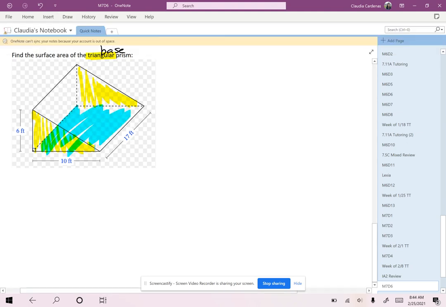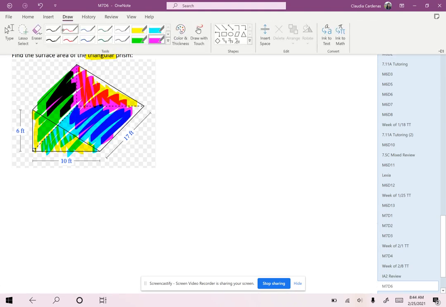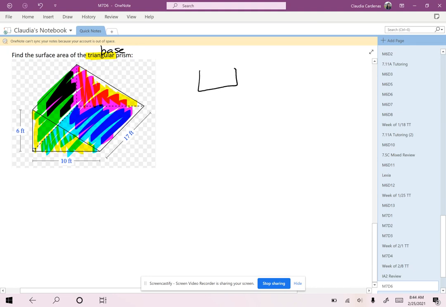So 1, 2, and 3. So picture if we were rotating this in our head, we would see three rectangles side by side if we broke it apart into cardboard pieces. 1, 2, 3. And I would have two triangle bases.